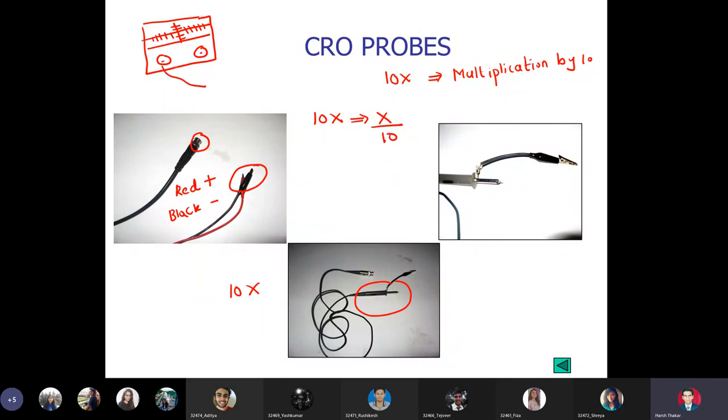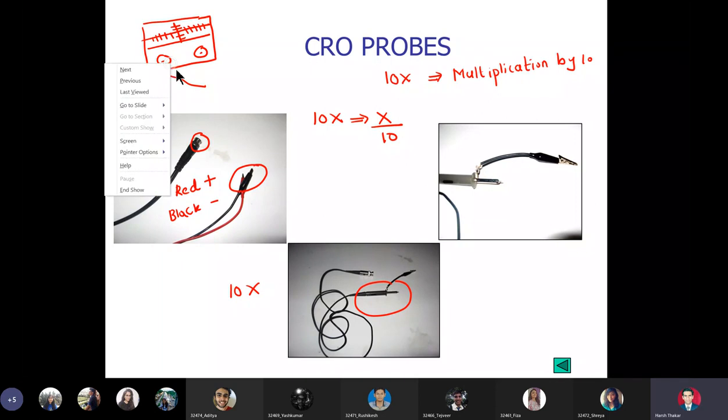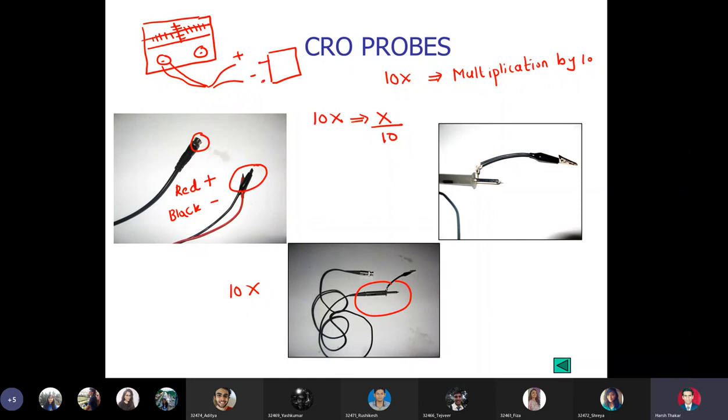So this is our BNC connector, and then it gets divided like this. This is plus and minus. For example, if I have some power electronics kit with an output here, say 50 volts DC, I will connect the probe here, and if I use the 10x facility, this will convert 50 volts into 5 volts.